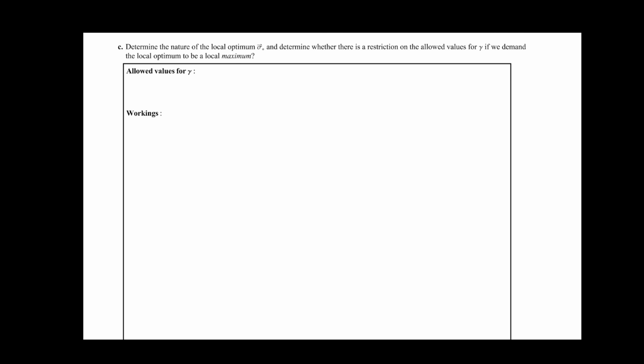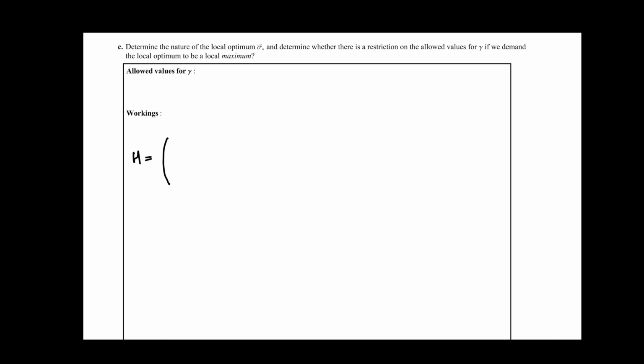Part C. Determine the nature of the local optimum and whether there is a restriction on the allowed values for y if we demand the local optimum to be a maximum. So we need to work out the Hessian.